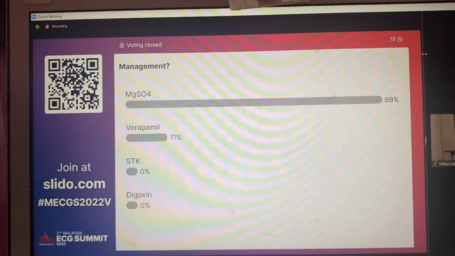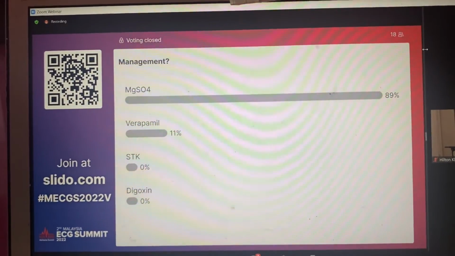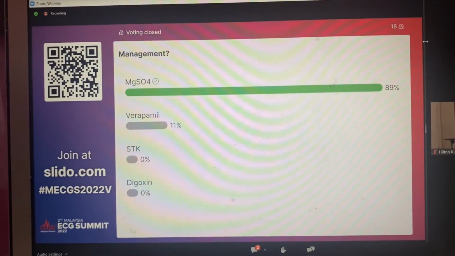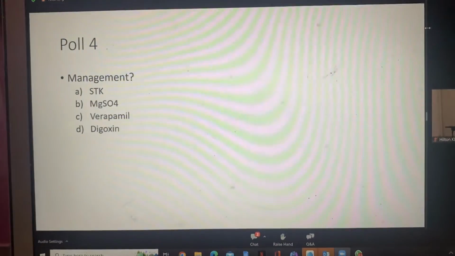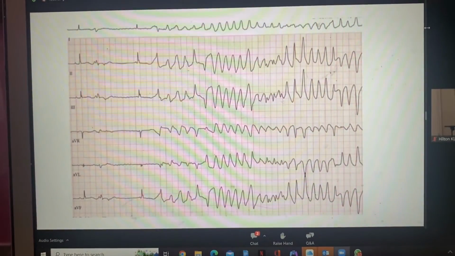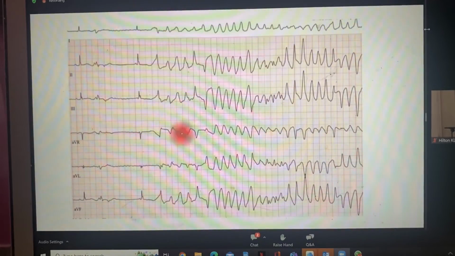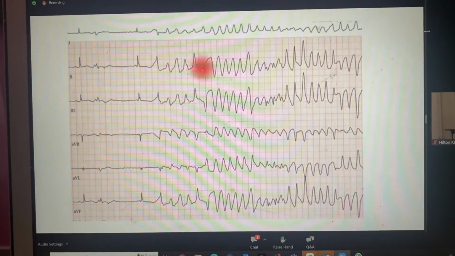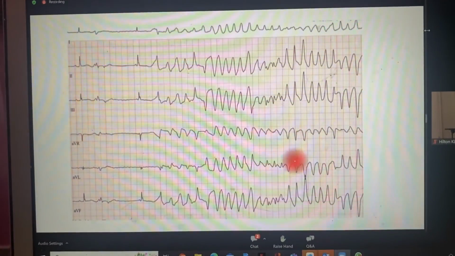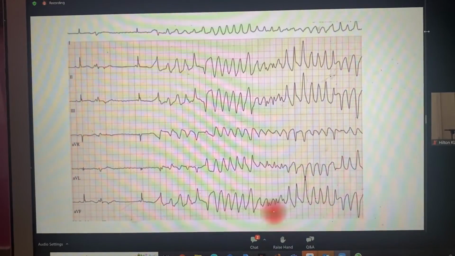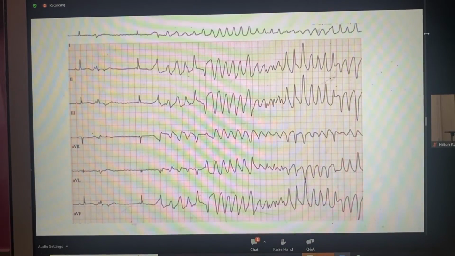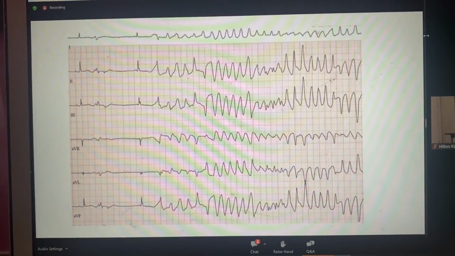Oh, excellent. The answer is correct. It's magnesium sulfate. For that, you need to know what's actually happening in the ECG. It looks like a polymorphic feature, but it's actually yo-yoing, like torsades de pointes. Magnesium sulfate is the correct management for this patient.